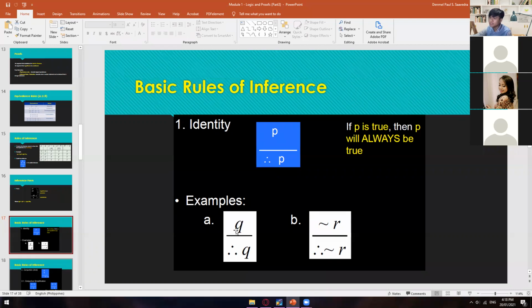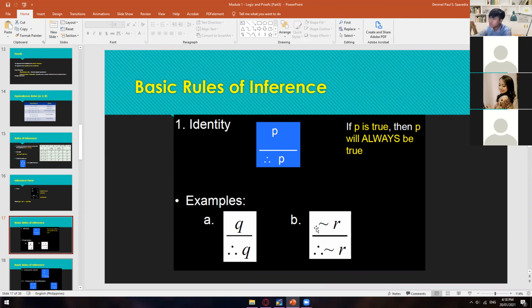So here are the other examples. The same with this one. So Q is always true, so we could conclude that this one is true. And then this negated R is always true. So we could conclude now that this one is always true. So basically, you can just simply copy this one, regardless of whether there is a negated symbol or no negated symbol.